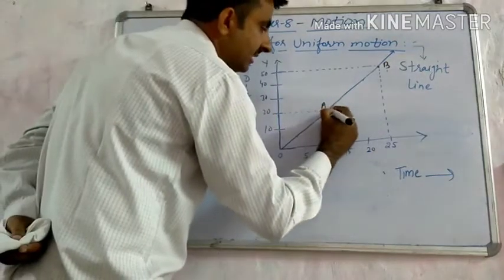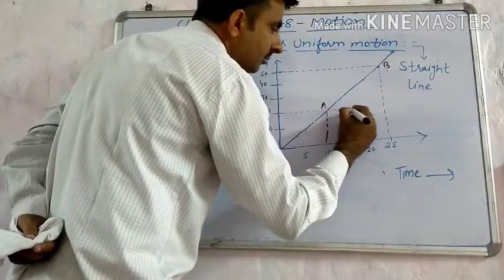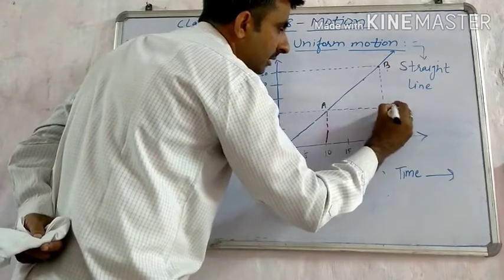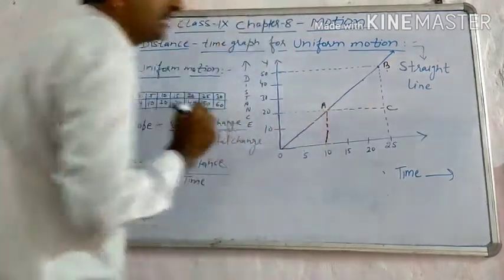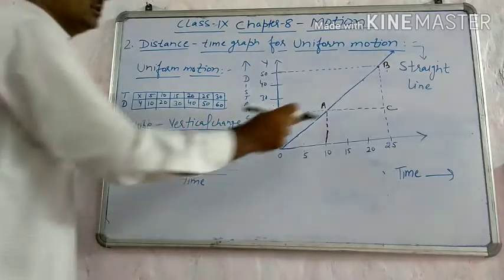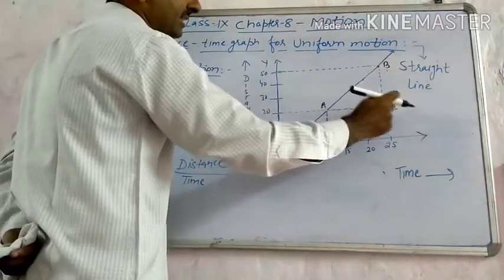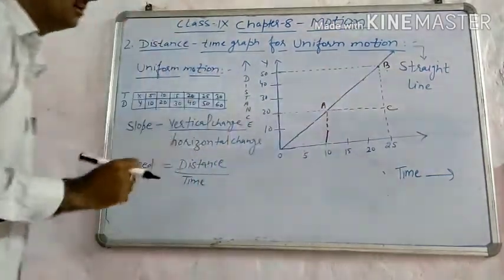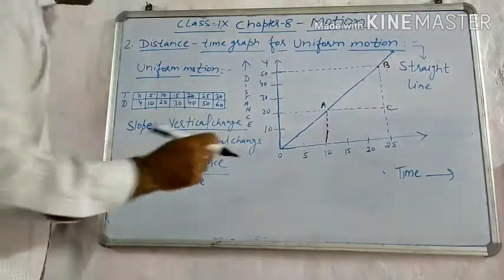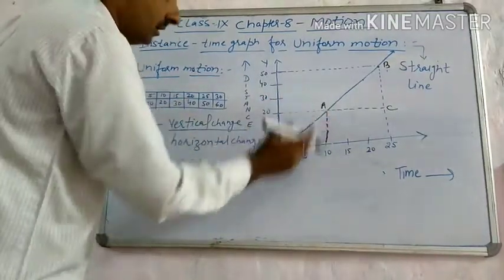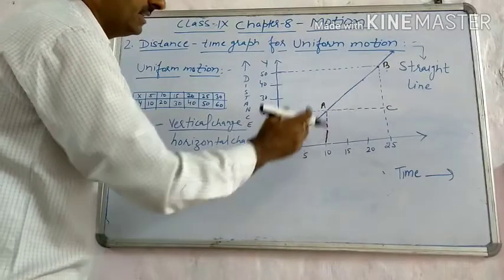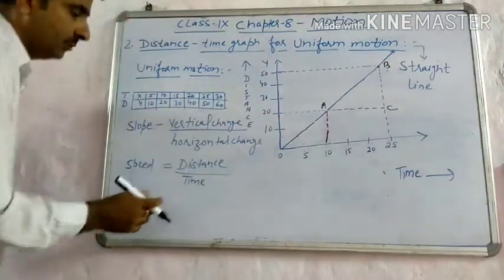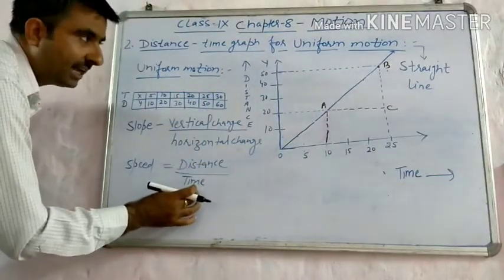Further we will increase this line up to here. Let's take this point as C. Now this ABC is a triangle. Now if we want to calculate the speed, we will calculate distance by time.